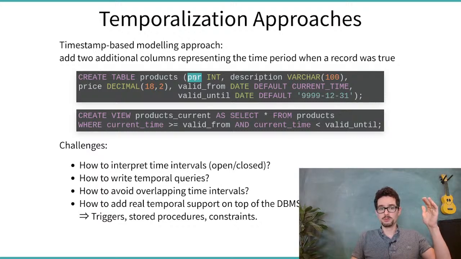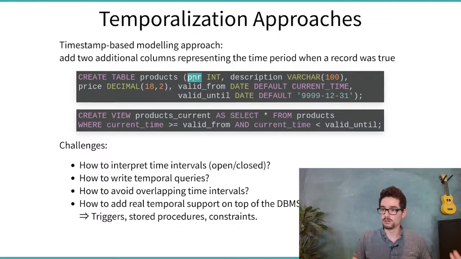Product number 29 costs $3.99 from that date to that date, and from that date to that date infinity or something it is $4.99, and then again 29 is the product number. So product number is not a valid primary key anymore.